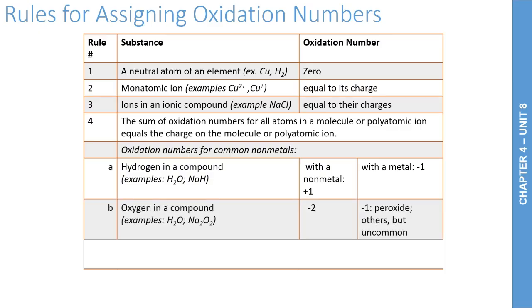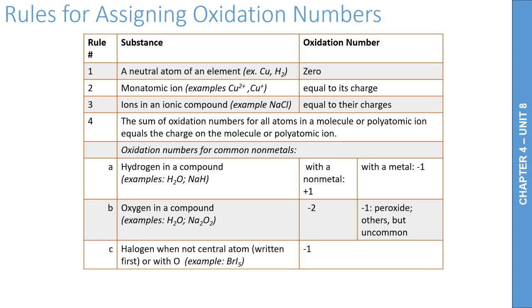Oxygen in a compound is usually -2. With peroxide, which is not common, you're going to find -1. Halogens, when not central atoms, when written first or bonded with oxygen, will always be -1.